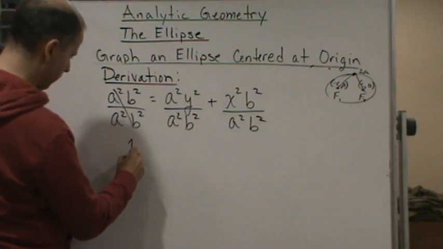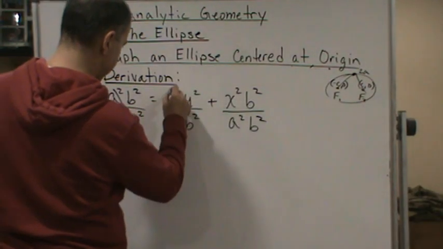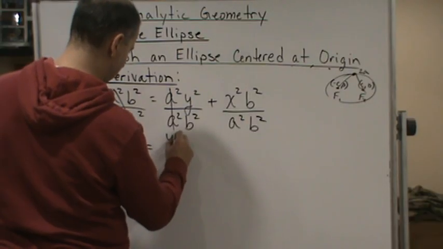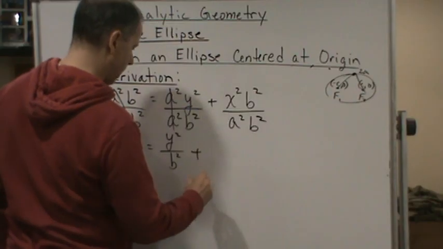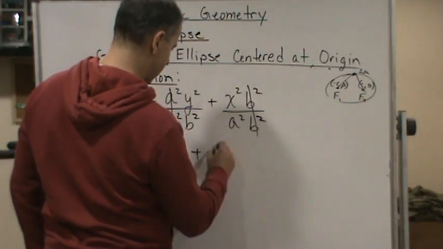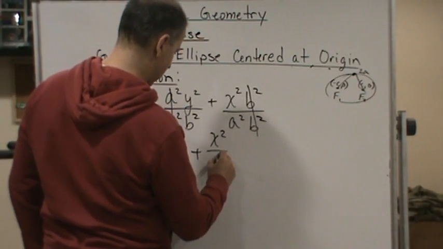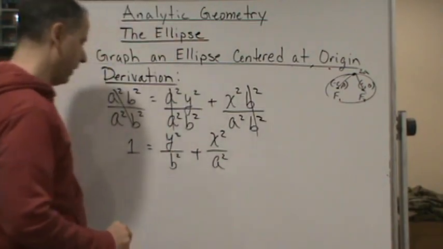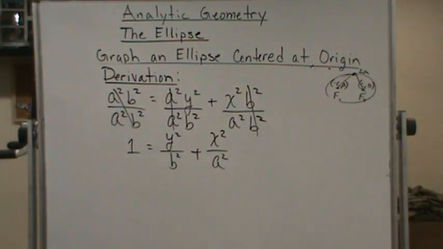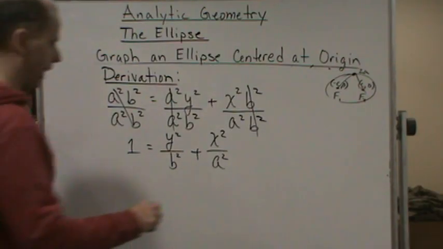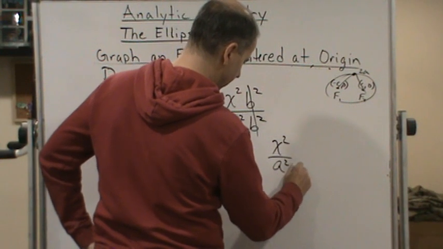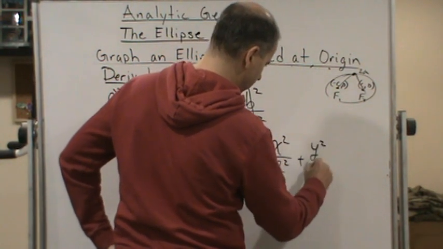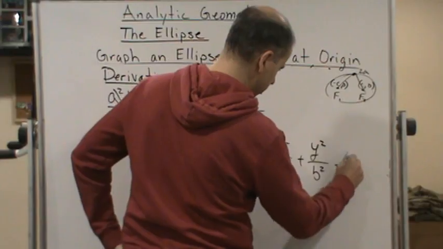This becomes 1. These cancel, so this becomes y squared over b squared. And this becomes x squared over a squared. Okay? And voila, that is the standard formula. So again, we usually write it this way, so it'll be x squared over a squared plus y squared over b squared is equal to 1.